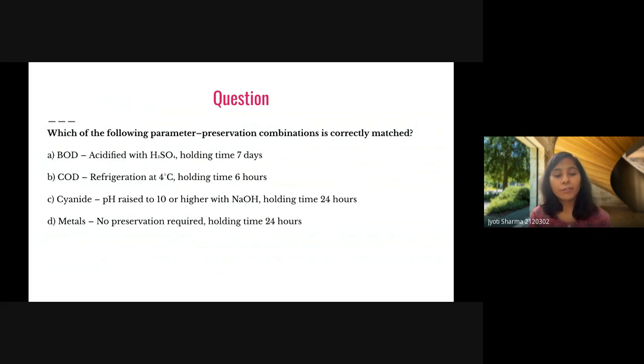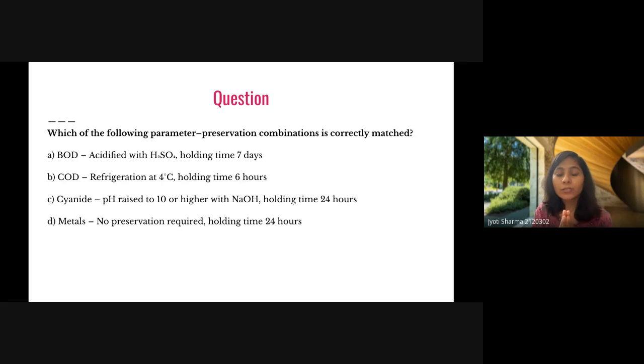Okay, which of the following parameter preservation combinations is correctly matched? So for example, we have a water sample, right? But if you want to see the BOD or let's say COD, either you have to measure it within 1 hour or within half an hour, because otherwise there will be some reaction and your BOD and COD will be changed.